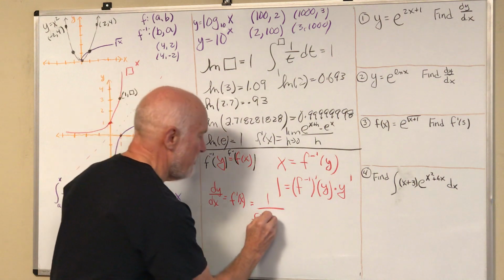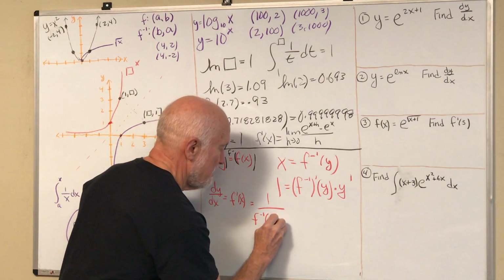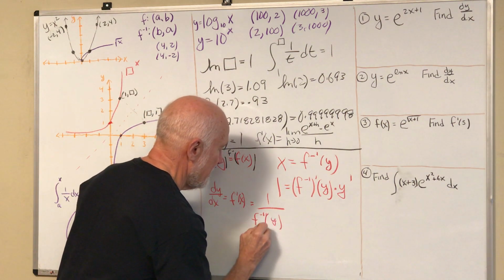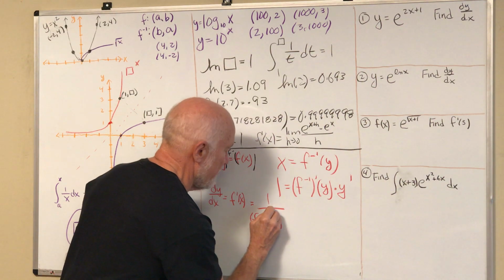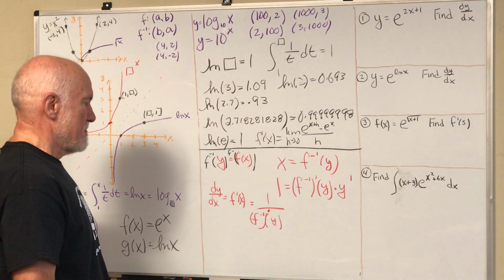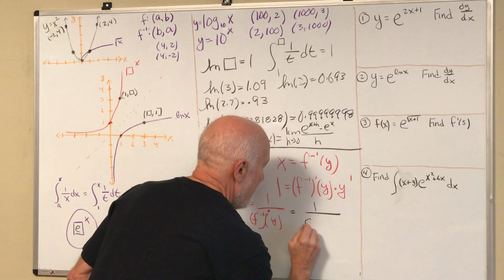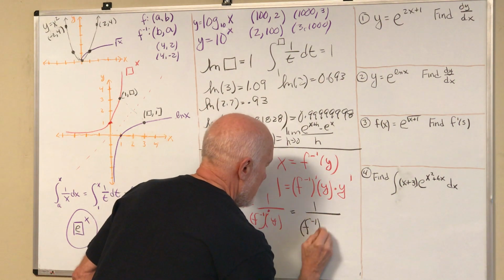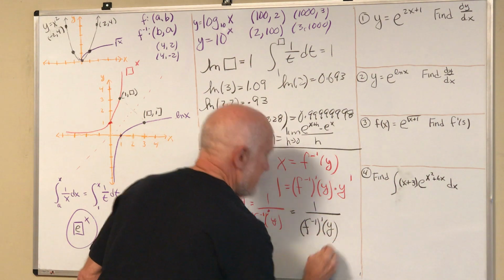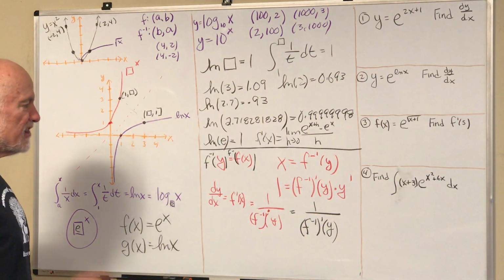So dy dx, or f prime of x, is equal to 1 over the derivative of the inverse of y. Maybe I should write that just a little better. 1 over f minus 1 prime of y. And it's a little complicated.